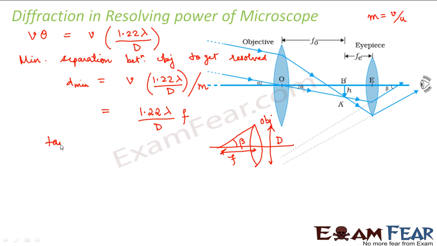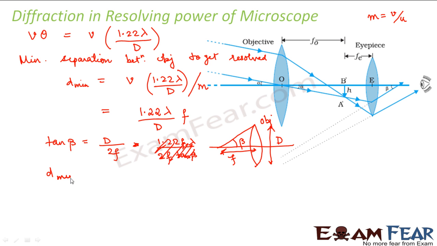So from this we can say tan beta is equal to D by 2 divided by F. So here we get tan beta is equal to D divided by 2F.